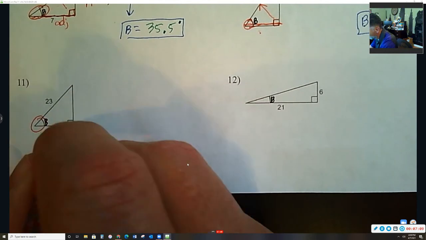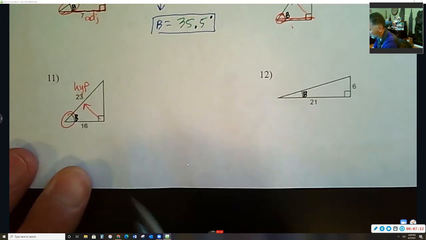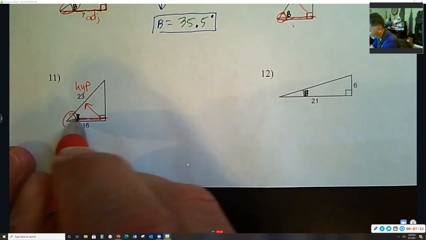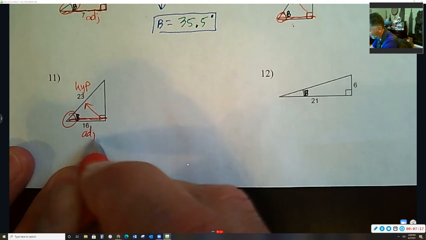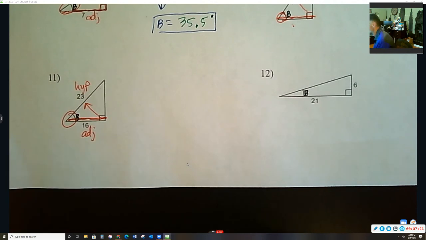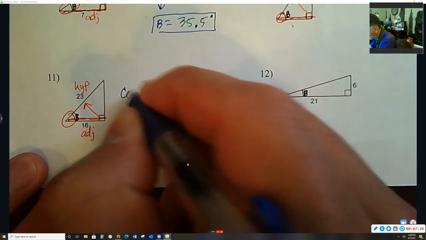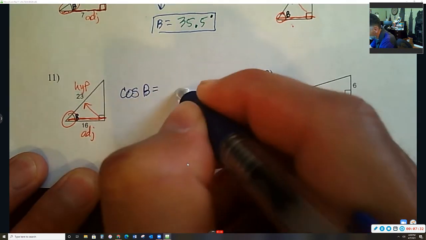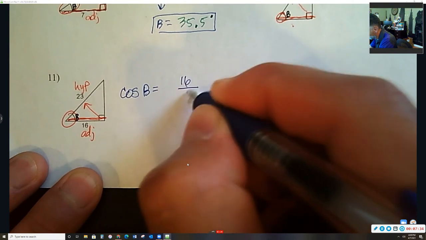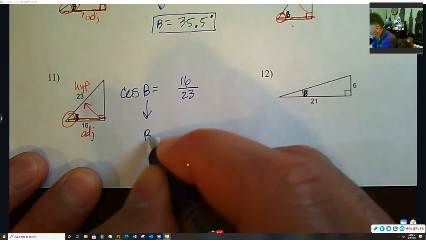Here's our angle. I have info about this guy. That one's the hypotenuse. This is next to B. That's the adjacent leg. Adjacent, hypotenuse, that is cosine. So we know cosine of angle B is equal to the ratio adjacent over hypotenuse. We want B by itself.